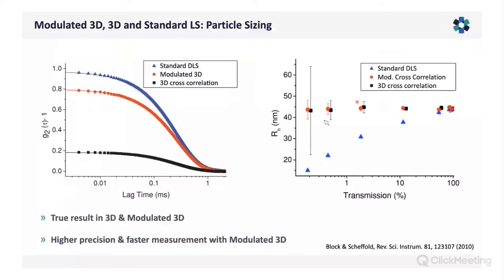But the error bar of the standard 3D cross-correlation becomes very high if you have very low transmission, meaning the sample is very multiple scattering, very turbid. Here we have about 0.2 transmission of the direct laser beam through the sample, and we can still measure the particle size with 10% precision. So this really shows the power of this modulated 3D technology, in principle also for particle sizing.